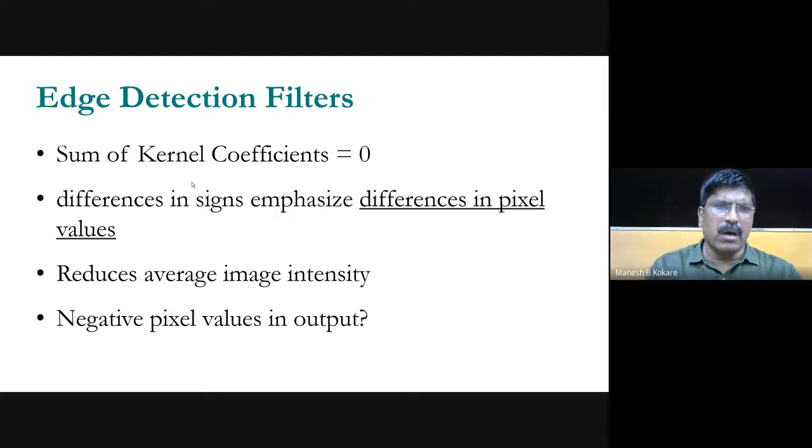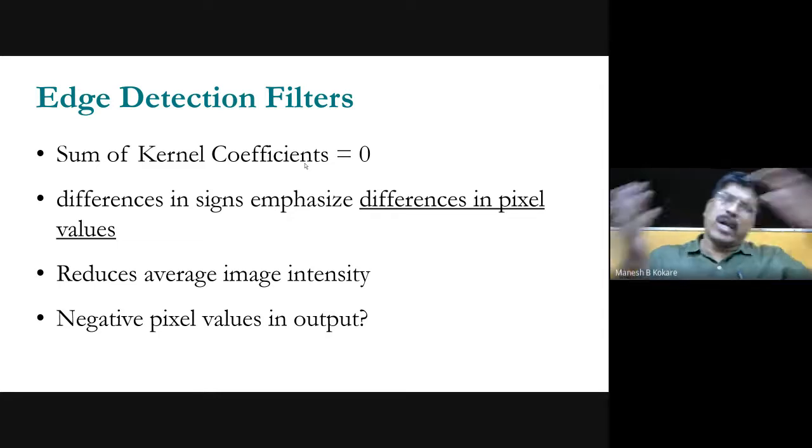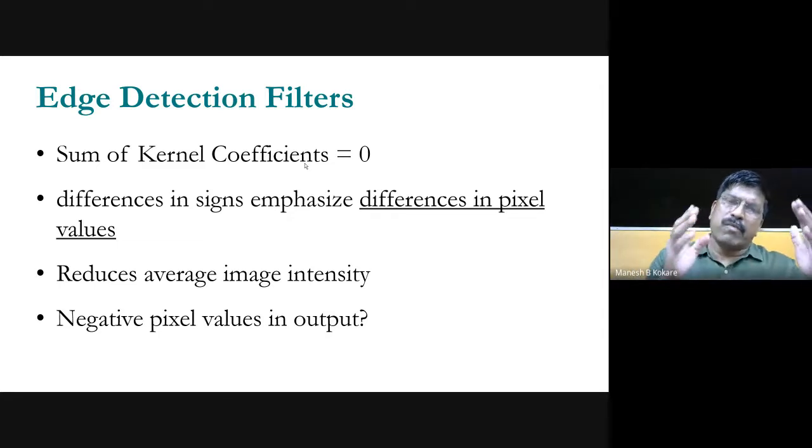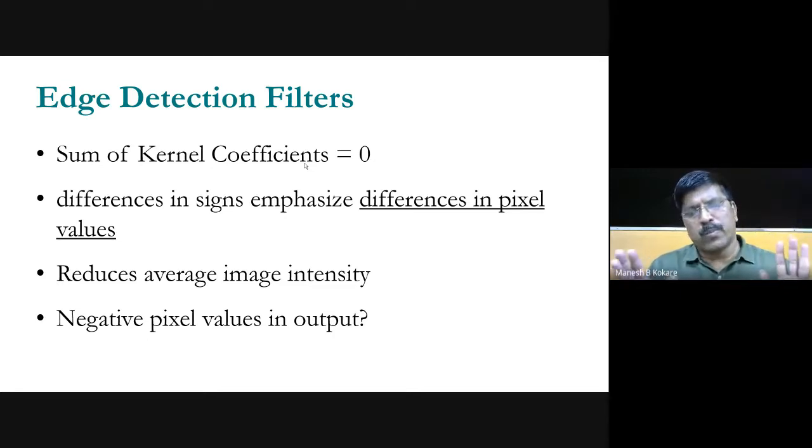But here, if you take the summation of the kernel coefficients, that summation is equal to 0 in the case of the difference or high pass filter, whereas in the case of a low pass filter the summation is equal to 1. So this is the first difference between the low pass filter and the high pass filter kernel. The sum of kernel coefficients is 0 in the case of a high pass filter.